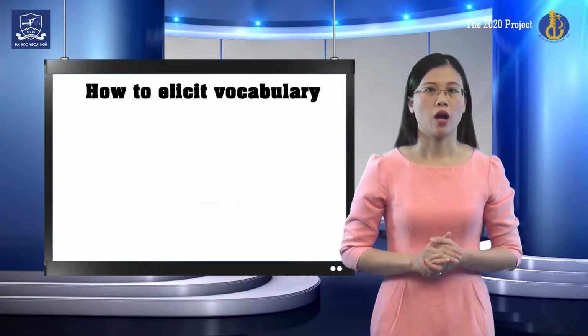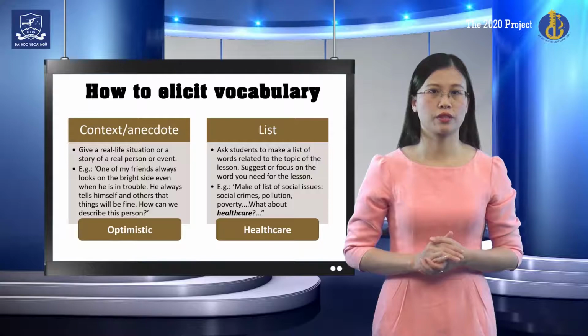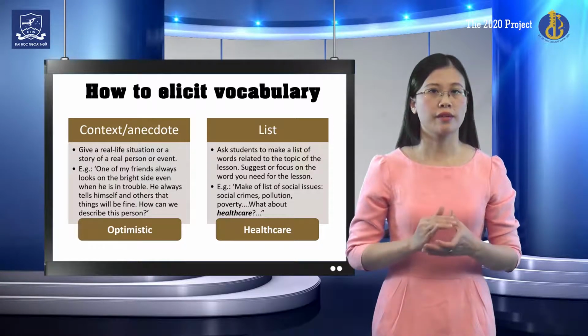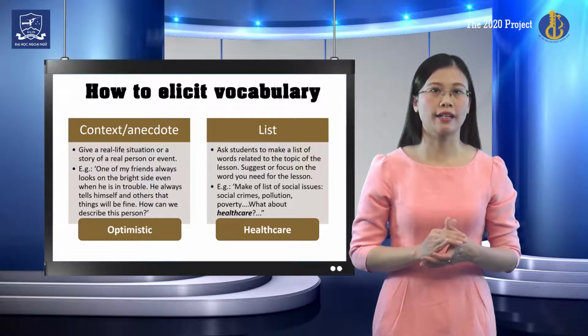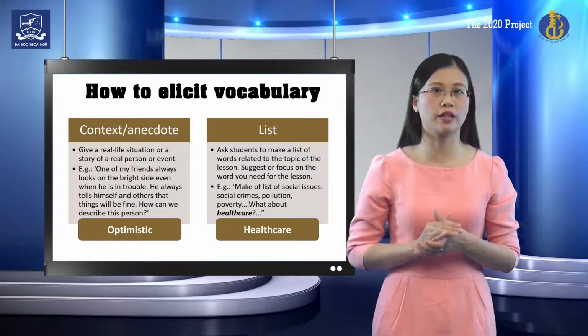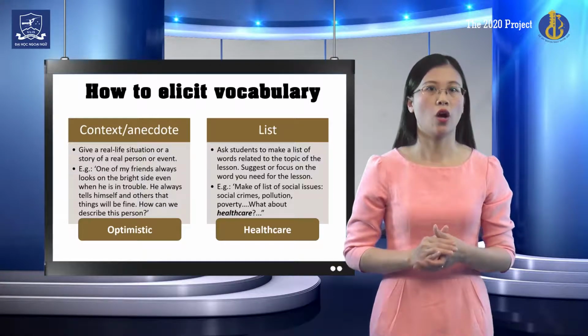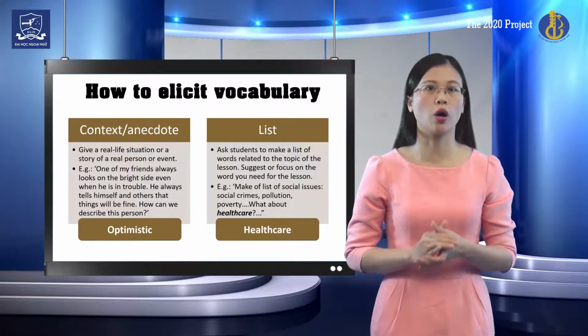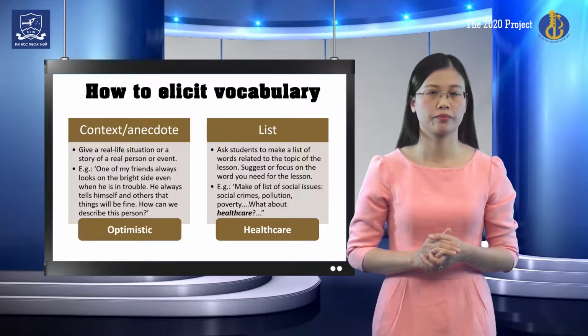Number 3. Context or anecdote. You can give a situation in which something happens, and that helps students understand it, or give a personal account of an event, or tell a short story about a real person or a real event.